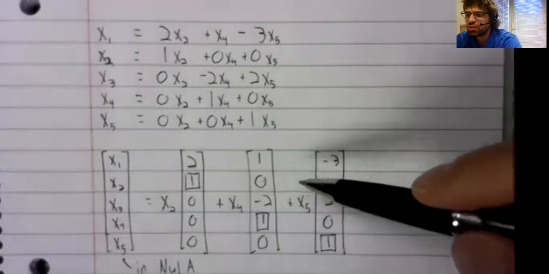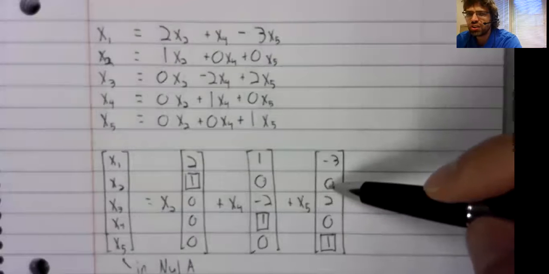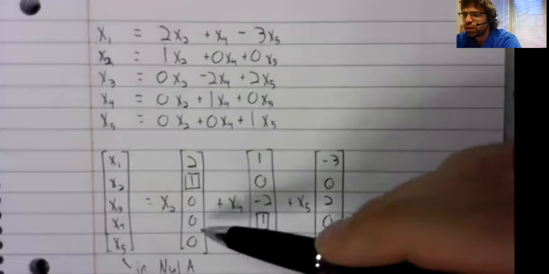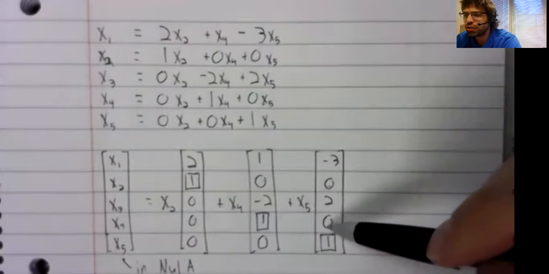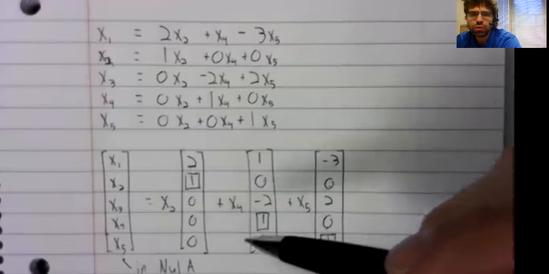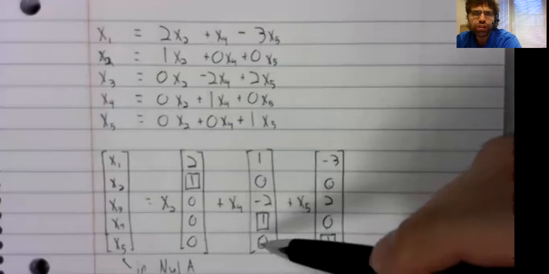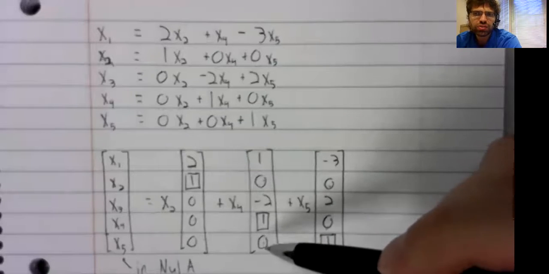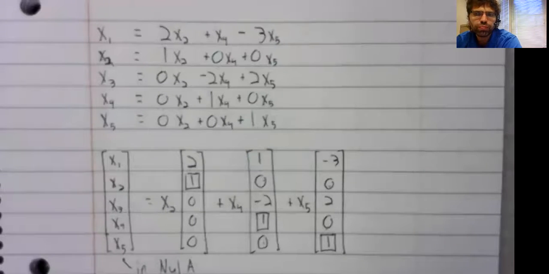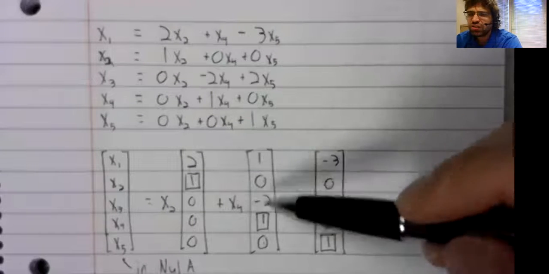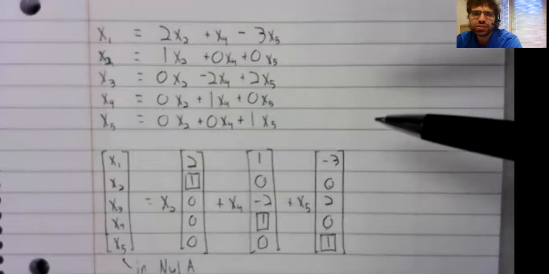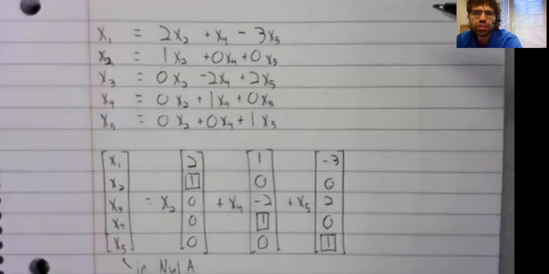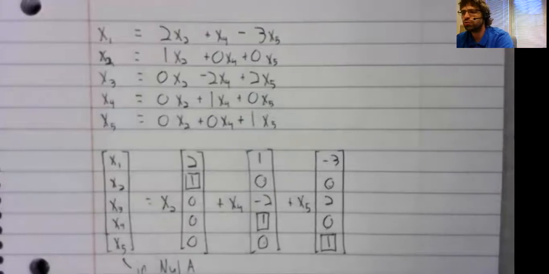And the other vectors have 0 in the second, fourth, and fifth coordinates. If this set were dependent, at least one of these vectors would be a linear combination of the other two.